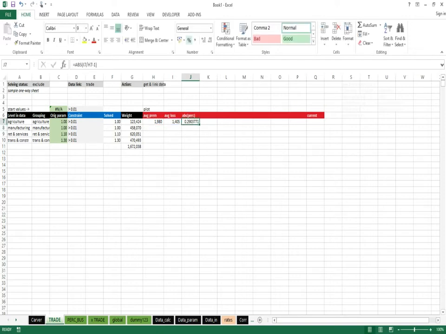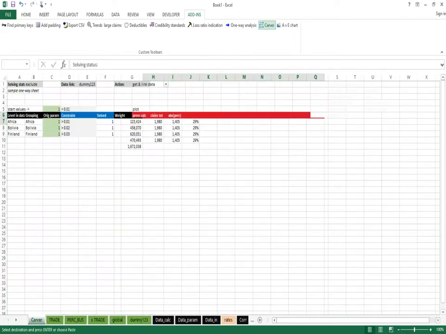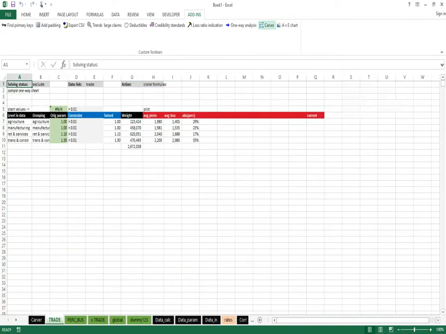Okay, so currently, for instance, for agriculture, the current rates are 27%, 29% of the actual average loss. And now I will make Carver clone these formulas across all the sheets. So it's not just here for trade, but also for the other one ways. So go. Okay, it's doing that and it's done.